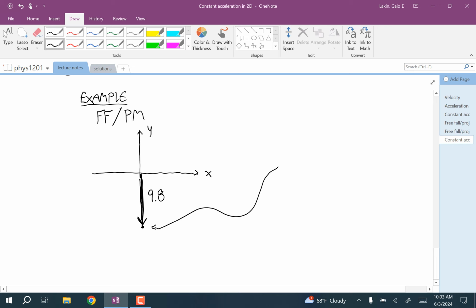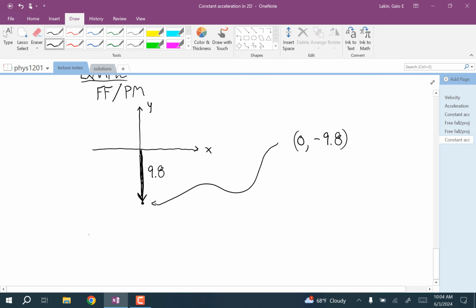Well, if you go 9.8 in the negative y direction, the coordinates at this point are 0 for x, negative 9.8 for y.